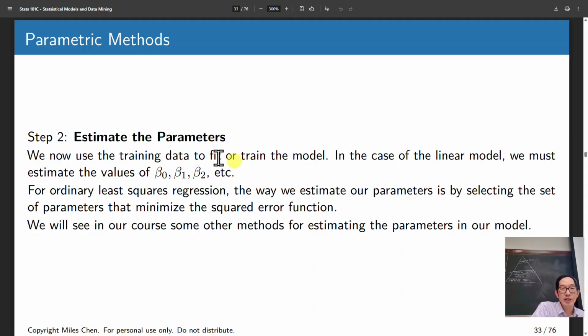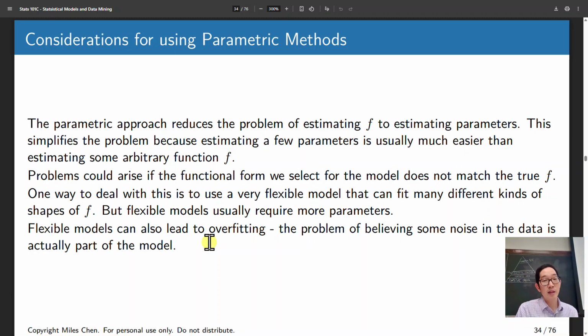So the second part is estimating what those coefficients are. We have to estimate what our beta terms are. For ordinary least squares regression, we try to minimize the sum of the squared errors, okay? You minimize your SSR, sum of squared residuals, and that's that. So parametric models reduce this complicated problem down to a smaller problem of just, hey, let's figure out what these coefficients are, okay?